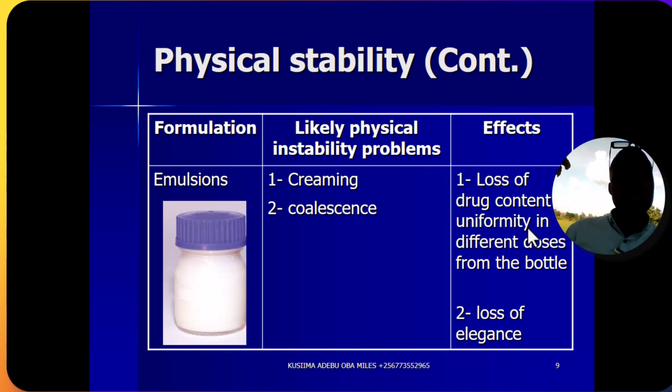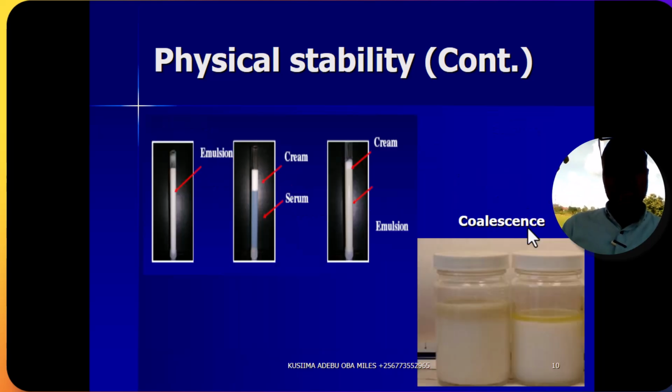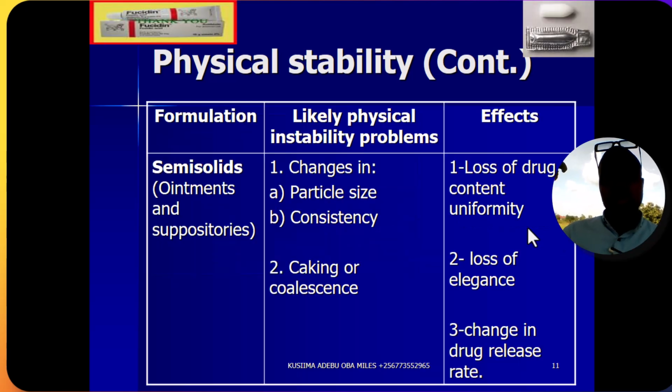Emulgents, we have like tragacanth, we have cetrimide. Those are emulsifying agents which unite water and cream or oil. These are physical stabilities. For semi-solids, you also read about them in this very angle.